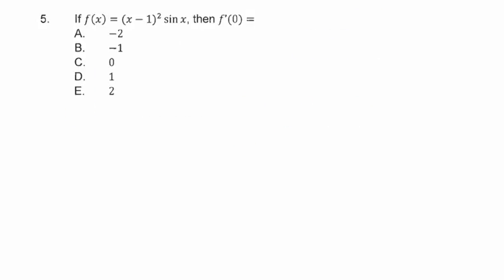Next problem, 5. If f of x equals quantity x minus 1 squared sine x, then f prime of 0 equals question mark. And so for this, if we're taking the derivative of the product of two functions, which we'll call u times v, that's going to be equal to u v prime plus v u prime.